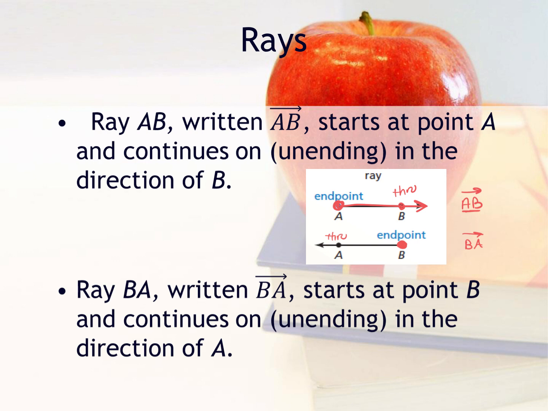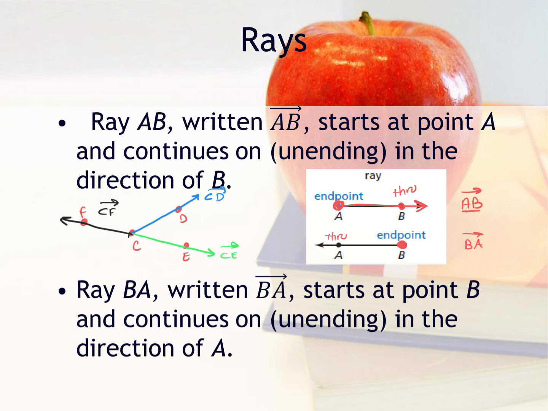So for example, if I have here point C, point D, point E, and point F, I could have several rays here. Let's say C through D. That's very specific. I could do point C through E. That's also very specific. And I can do C through F. And that's specific.